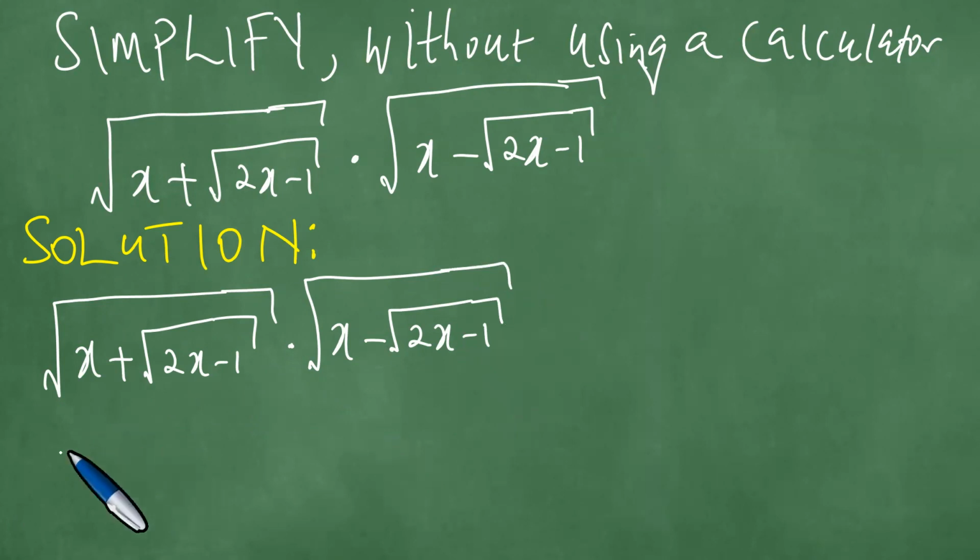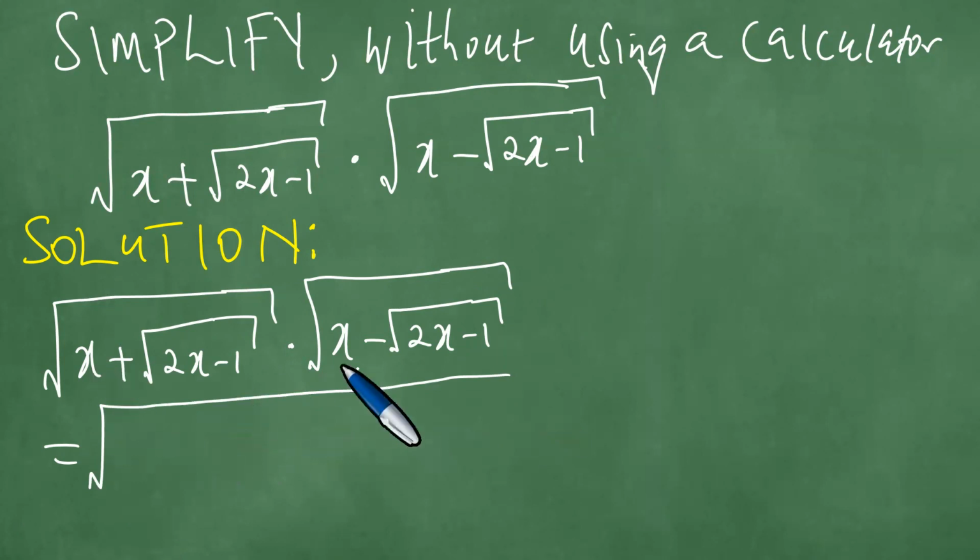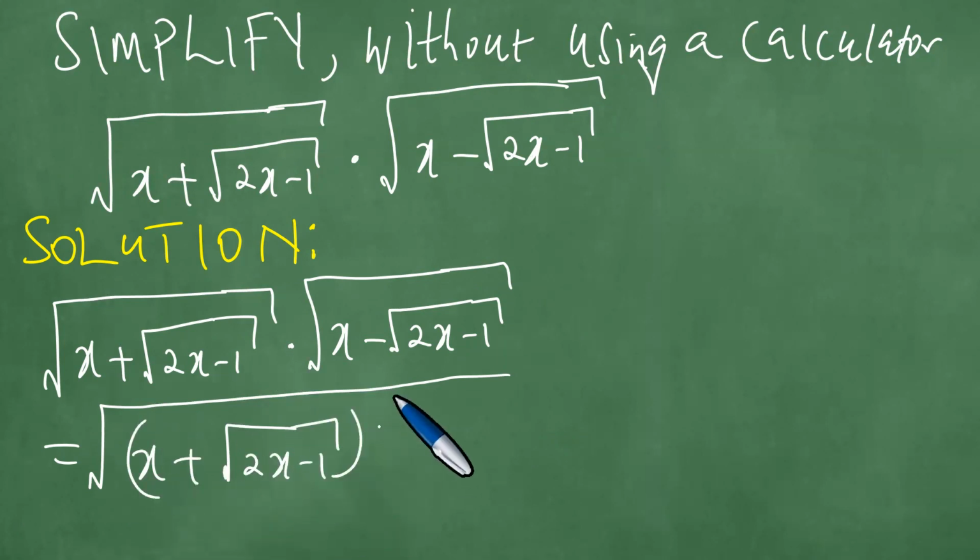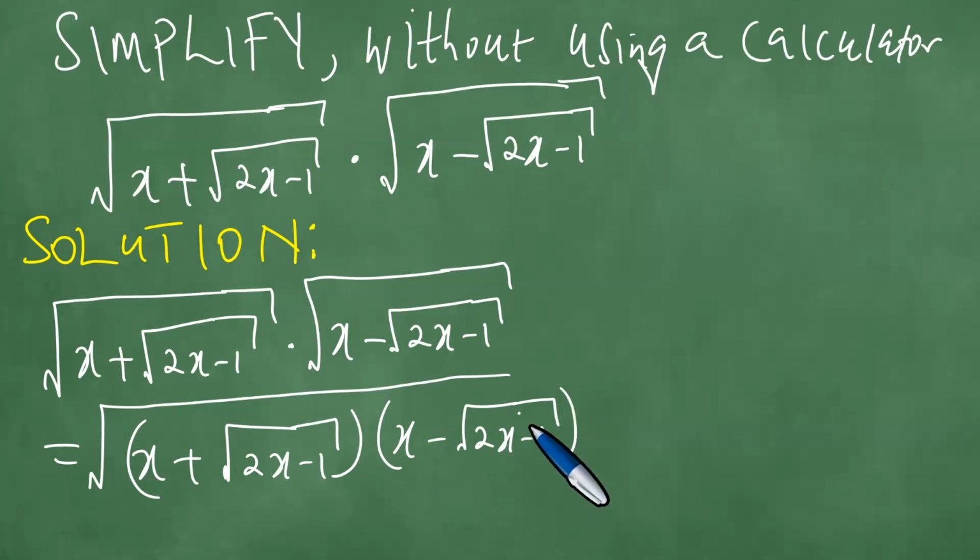To simplify this, we proceed as follows. We put a big square root and multiply what is under the square root, like this. Multiply this with that, x by x.